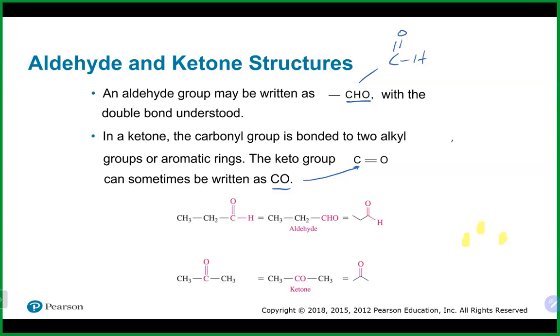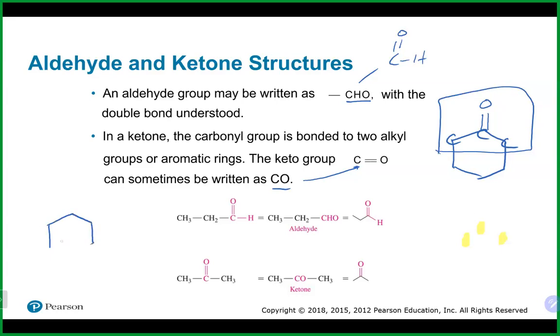By the way, if we did have a ring type structure that was a ketone, it would look something like that, for example. And again, that is a carbon, carbon, carbon with our double bond there that gives it the ketone group. Now, if we had something that maybe has an aldehyde group, you typically will see the aldehyde group attached to the ring like that.